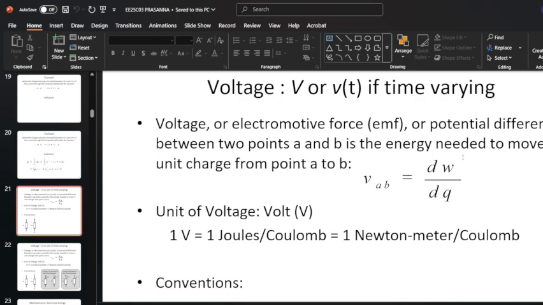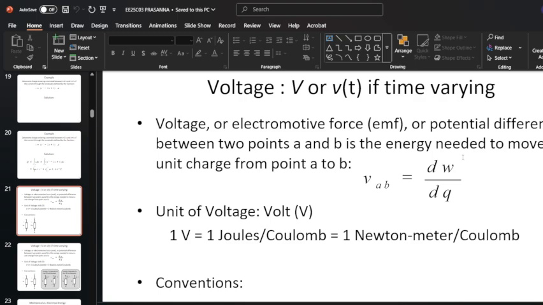I give the statement now in the form of an equation: VAB is equal to dW with respect to dQ. That means the work done is differentiated with respect to charge, the charge moving from one point to another point.